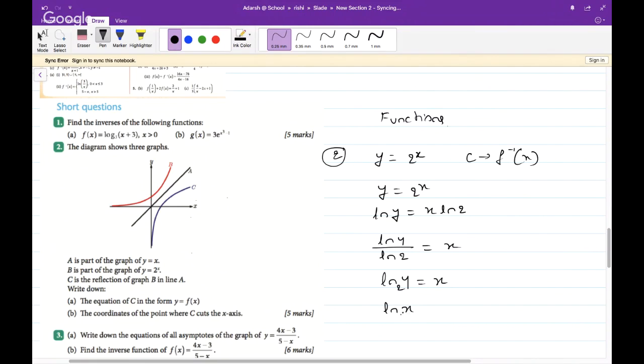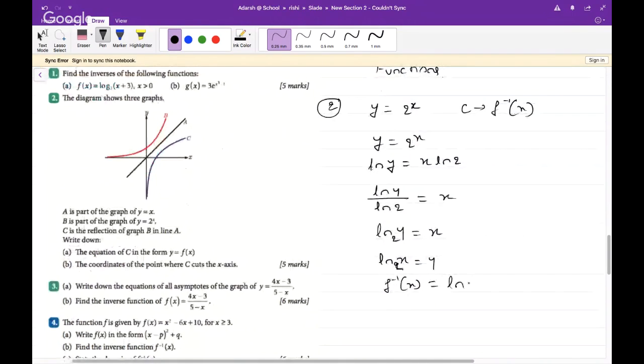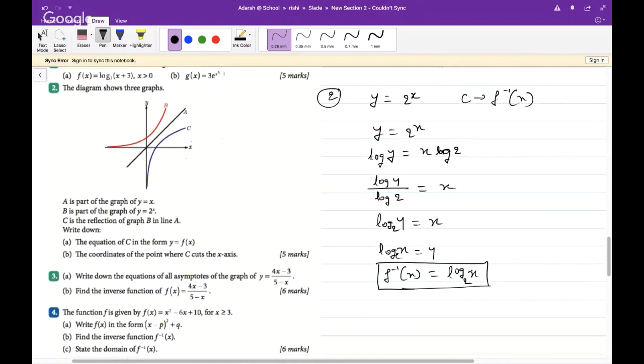So log x to the base 2 is your y, or f inverse of x is equal to log of x to the base 2. It has to be log, you are not applying natural logs here. This is the equation for that.